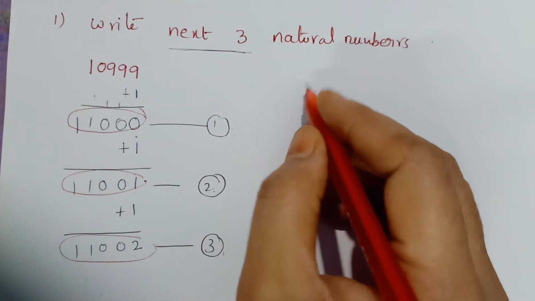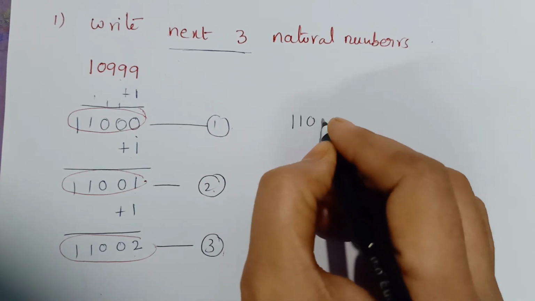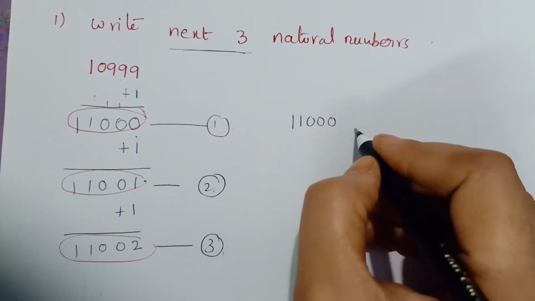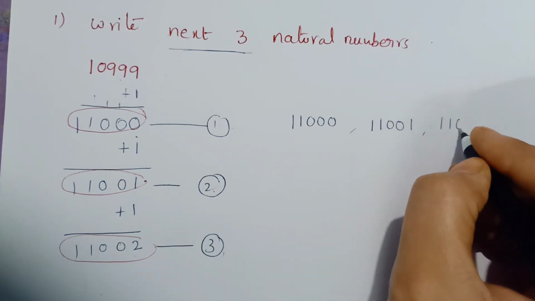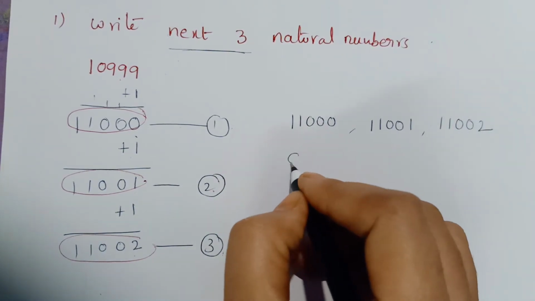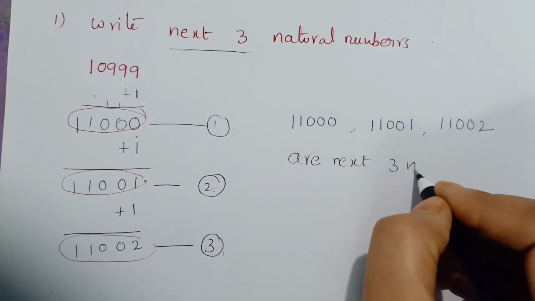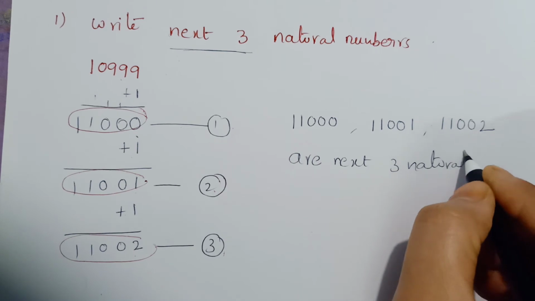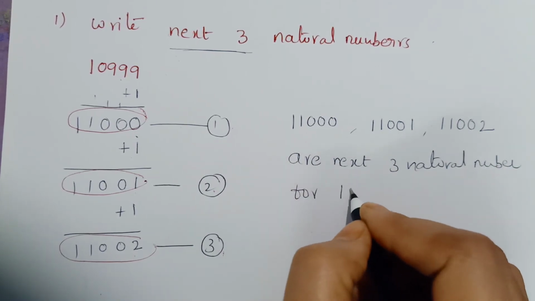Write here 11,000, 11,001, 11,002 are the next three natural numbers for 10999.